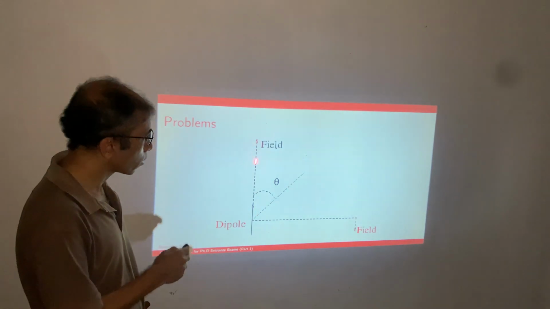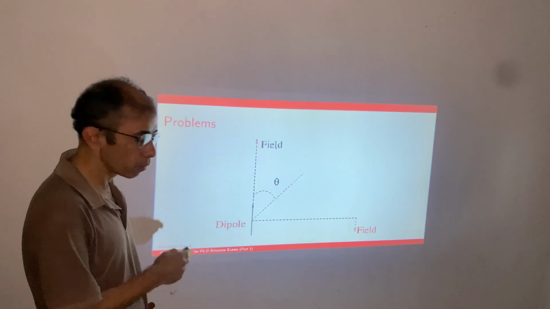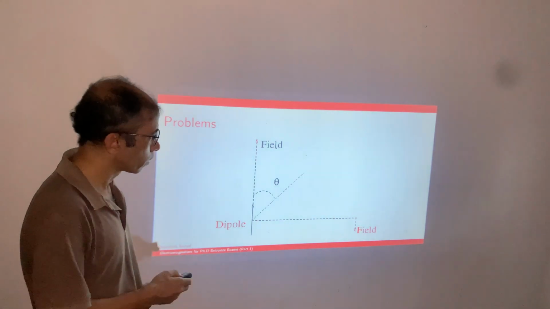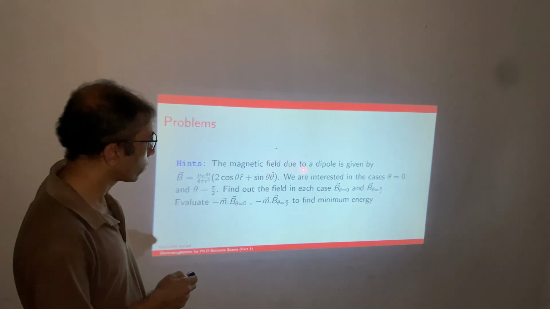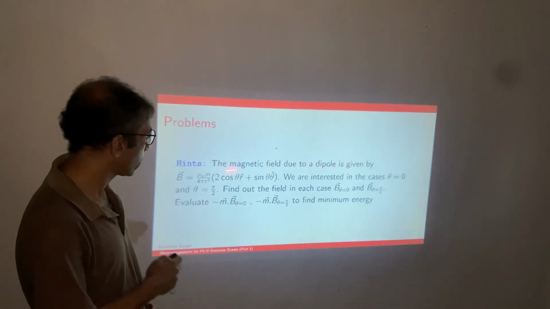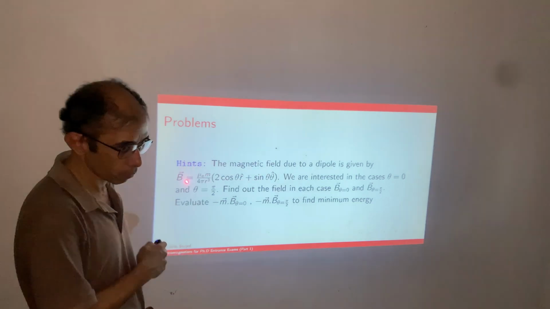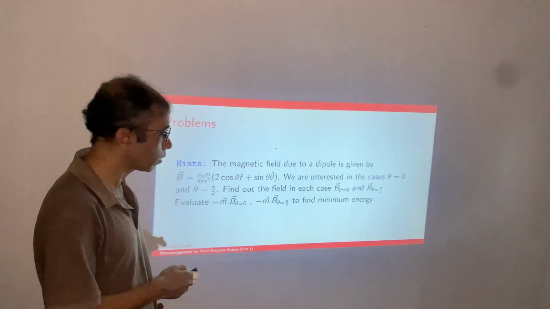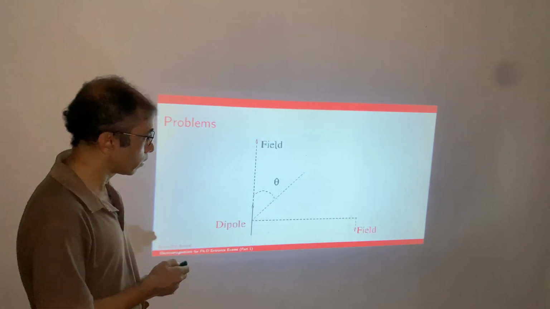This direction corresponds to theta equal to 0, and this direction corresponds to theta equal to pi by 2. So the magnetic field due to a dipole is given by this. This is the theta that I was talking about in the last slide, this theta.